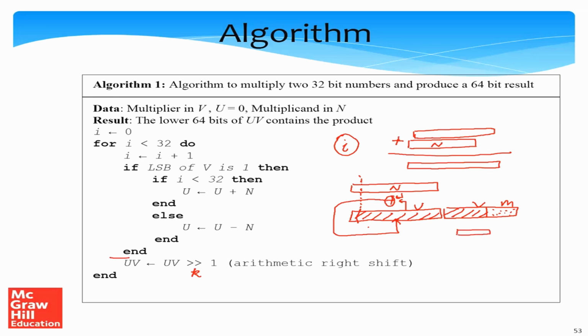So let's consider the partial sums in a regular multiplication. Let's consider the kth partial sum. Essentially this partial sum is either 0 or it is the multiplicand multiplied by 2 to the power k, because it is shifted k places to the left.